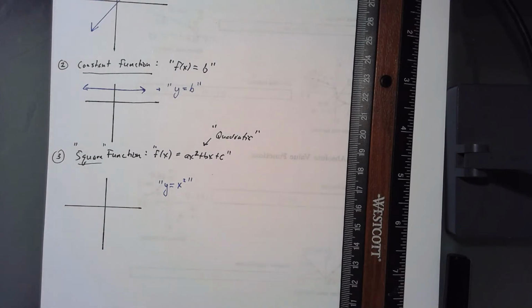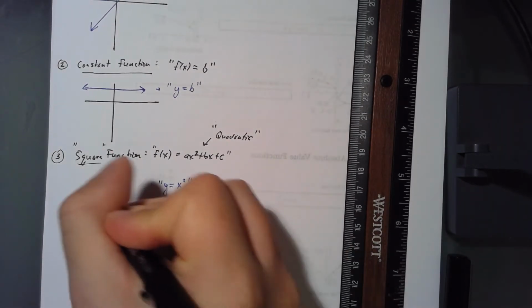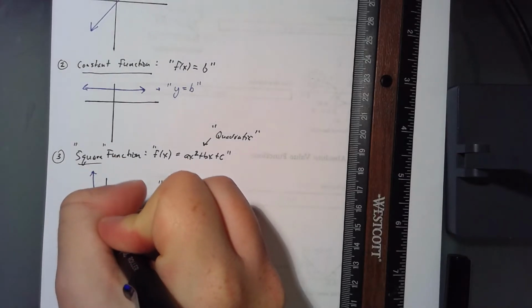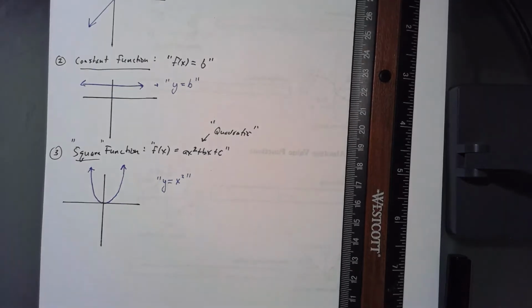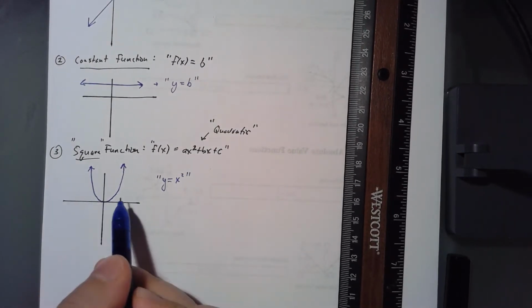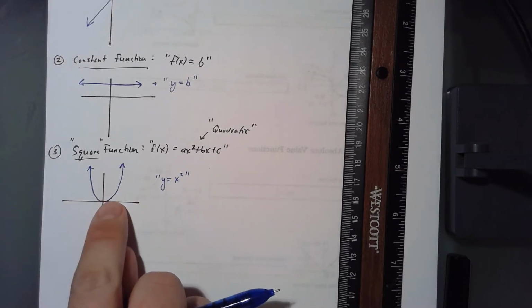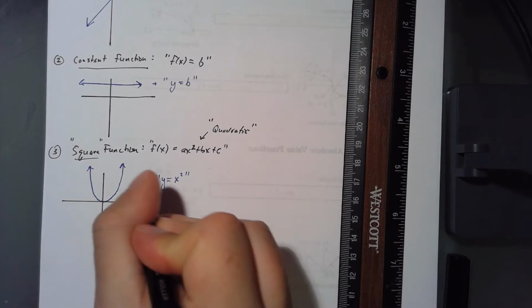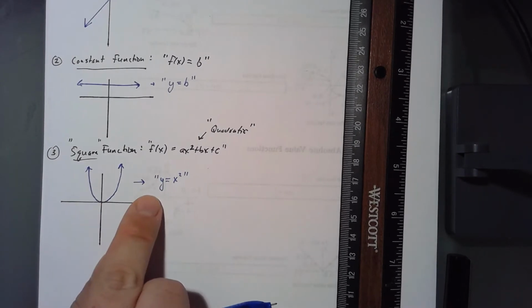That's just a parabola. And that goes through the origin. It looks like a U like this. You can see that it has symmetry to the y-axis, which means it's an even function, right? But that's the basic structure of y equals x squared, and you should be able to recall that pretty easily.